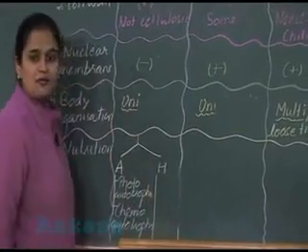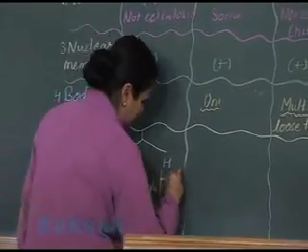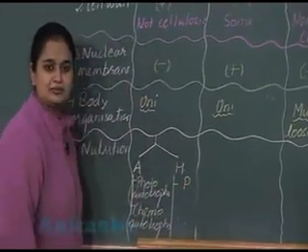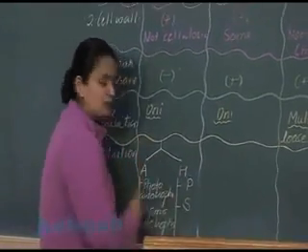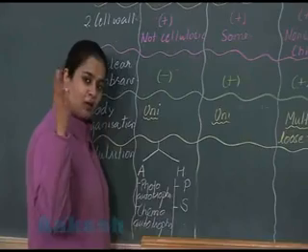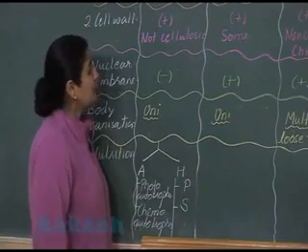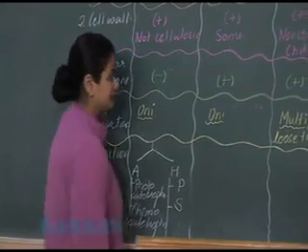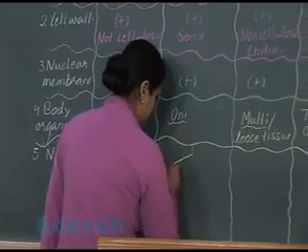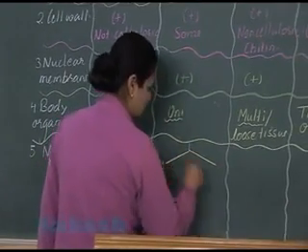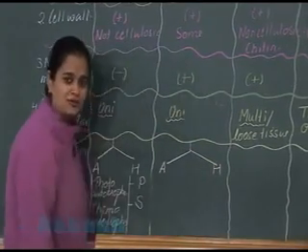In the heterotrophic, either the organism is parasitic or saprophytic mode of nutrition. Holozoic mode of nutrition in the Monera is absent. Now coming to the Protista, autotrophic as well as heterotrophic.